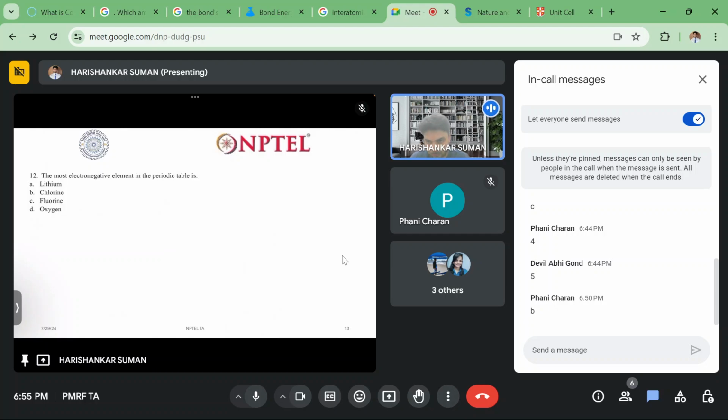Lithium, chlorine, fluorine, oxygen. Highest electronegative element. Answer is fluorine.